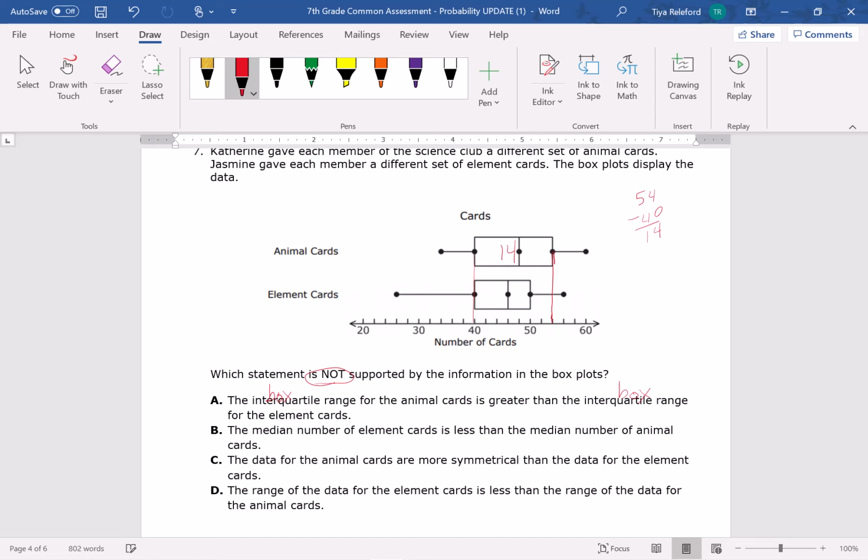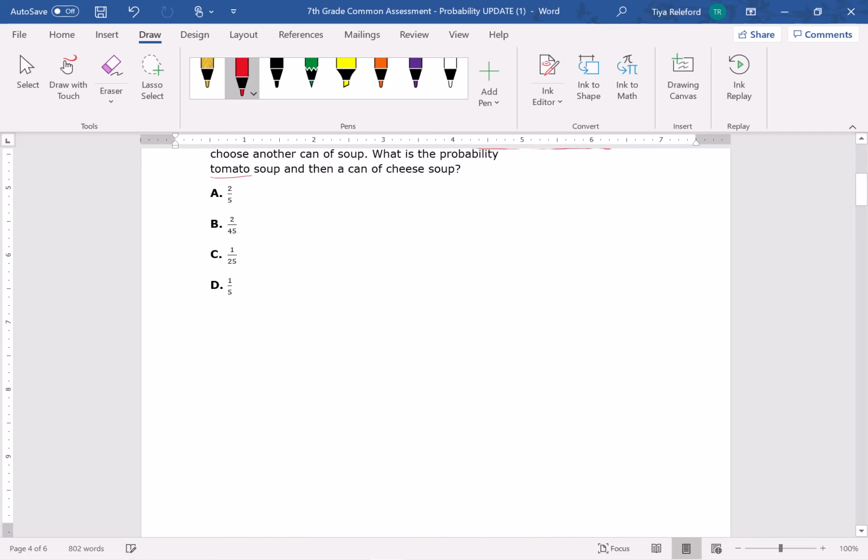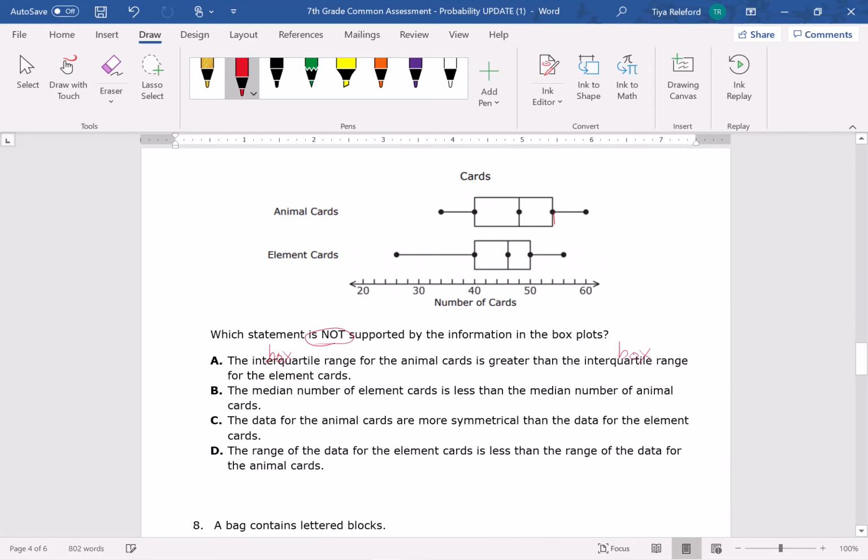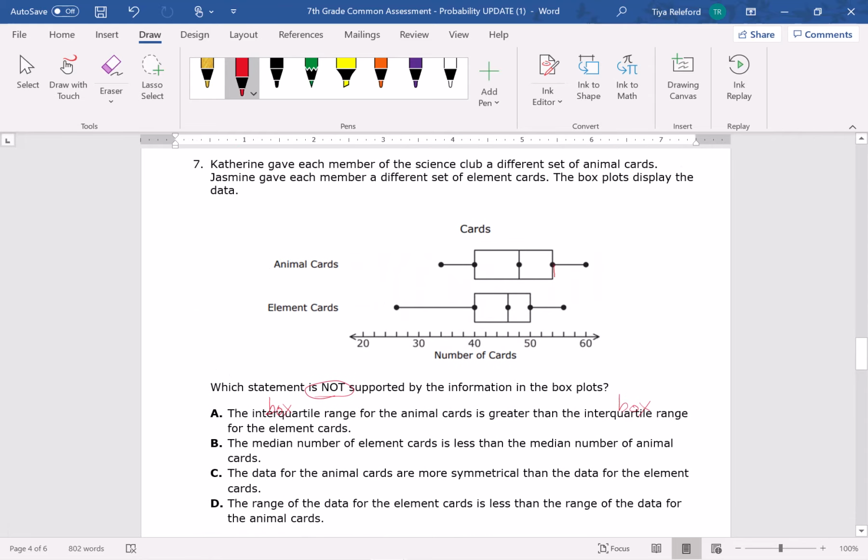Interquartile range for element cards. Highest number for element cards, 50. And lowest number for element cards, oh my goodness, sorry. Let's see. This said 54 minus 40.